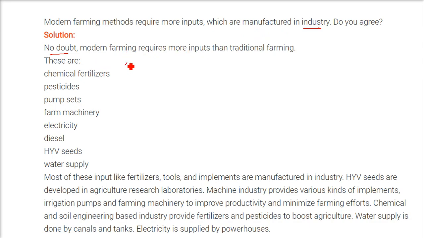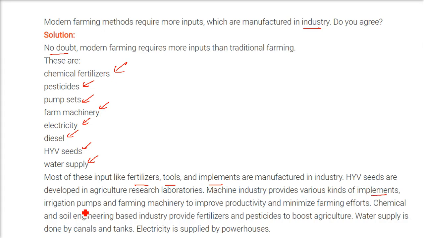So modern farming requires various inputs, like chemical fertilizers, pesticides, pump sets, farm machinery, electricity of course, diesel, the high yielding variety seeds, the water supply. So most of these, like fertilizers, tools, implements, are manufactured in industry. And these HYV seeds, high yielding variety seeds, are developed in agricultural research laboratories.